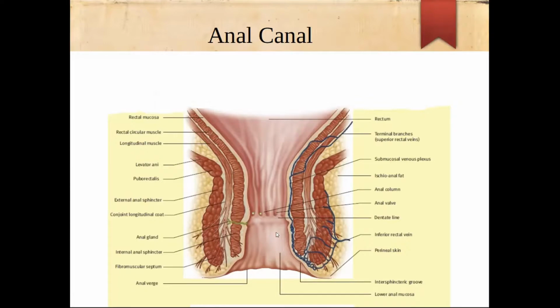What's the difference between the epithelium or the mucosa here and the skin at the anal verge? What type of epithelium is in the skin? Stratified squamous, keratinized. And the epithelium here is stratified squamous, non-keratinized.